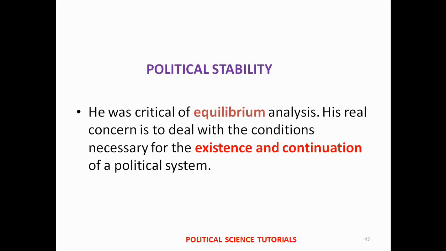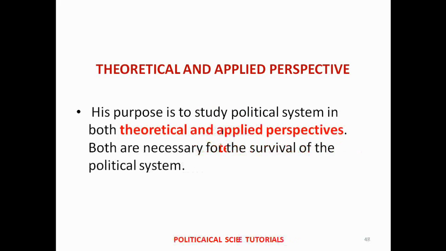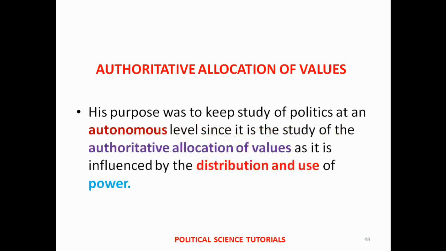Fourth, the motto of his systems analysis was not only to build theories but also to apply them in the practical field. Both are necessary for the survival of the political system. Fifth, authoritative allocation of values, as it is influenced by the distribution and use of power.